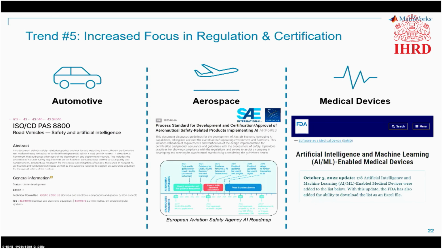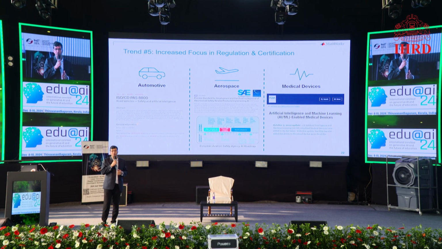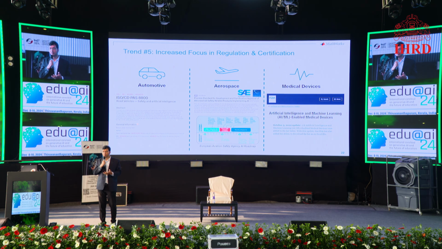So to ensure that you are able to take AI, integrated in an engineering system, and get it certified, you have to actually modify your workflow. You have to bring in certain workflows which will address the explainability of the AI model. People should understand what the AI model is actually doing. It's not going to be a black box.